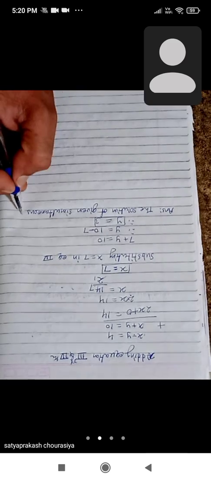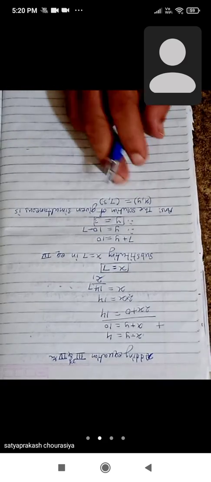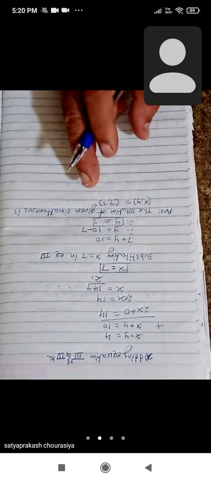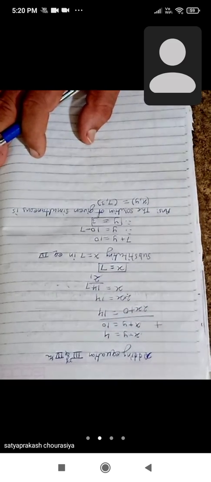The solution of the given simultaneous equations is x comma y, and this corresponds to 7, 3. Here 7 is the x coordinate and 3 is the y coordinate. Understood?